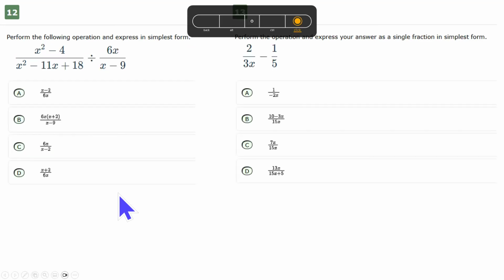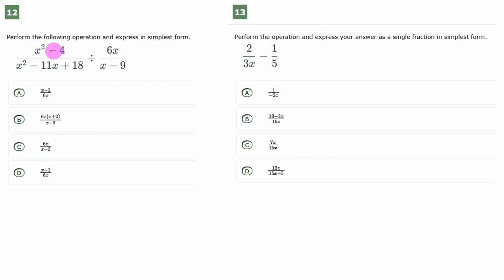All right. These are way easier than they look. Just factor everything. Remember, you're going to keep, change, flip. So let's keep the first one, but the top here is going to factor to x plus 2, x minus 2. And the bottom, what multiplies to 18 and adds to negative 11? It's going to be negative 9 and positive 2.